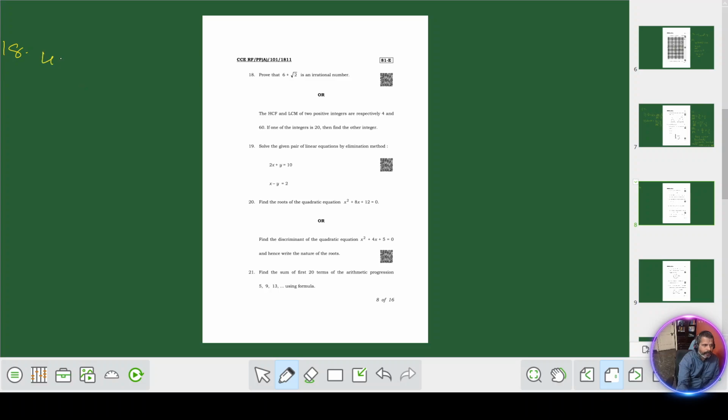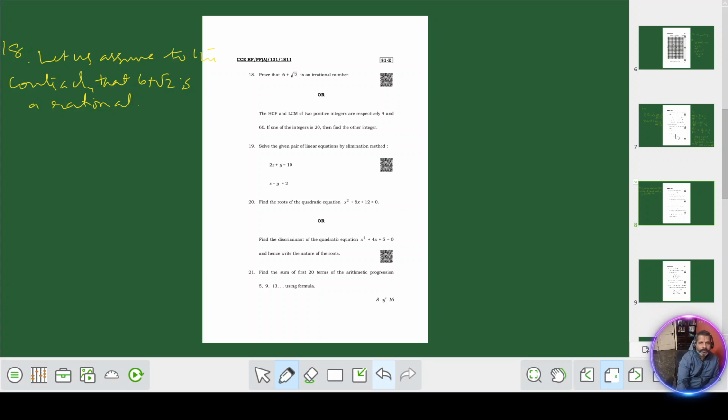First, let us assume to the contrary that 6 plus root 2 is rational.